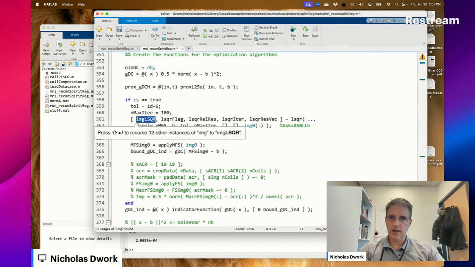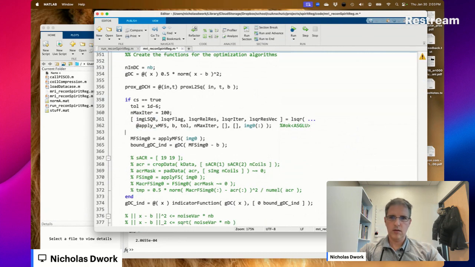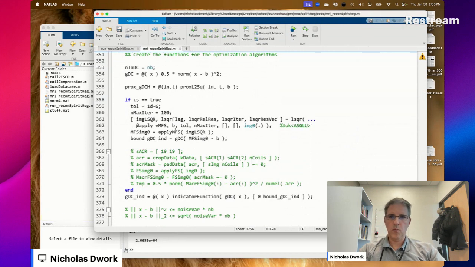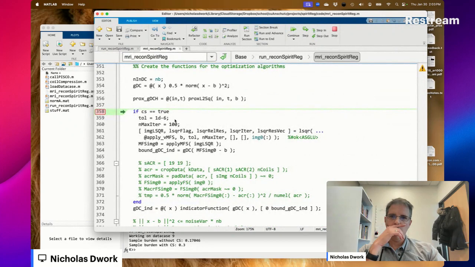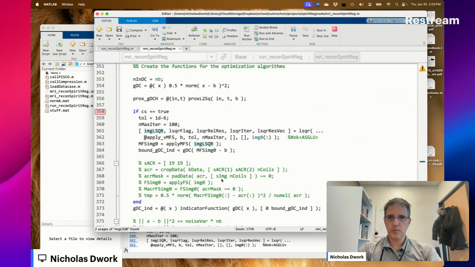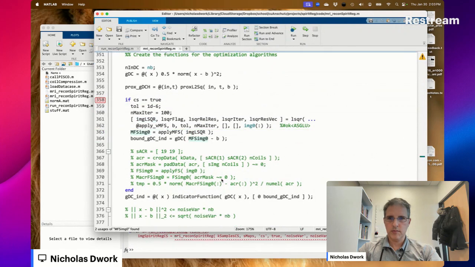Call this image LSQR. Now, I think I would have thought that we could warm start with LSQR and it would get us farther faster. What just happened? I think we need, oh, because I didn't reshape.